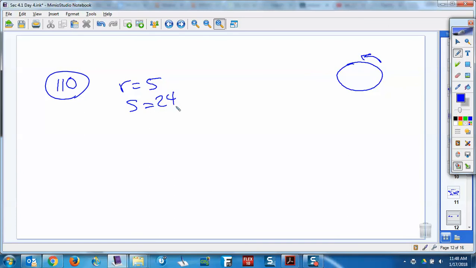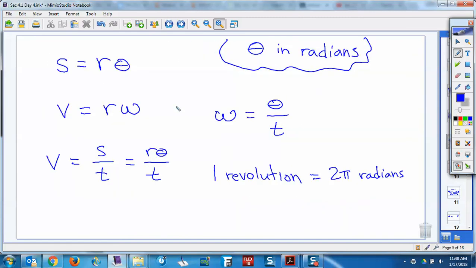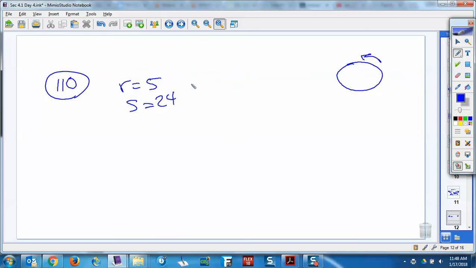The question is the number of degrees through which the drum must rotate. So what formula are we going to use? Top one again, S equals R theta. So 24 equals 5 theta. They said they wanted it in degrees. 24 divided by 5, because we had to make that 24 inches to make things match.